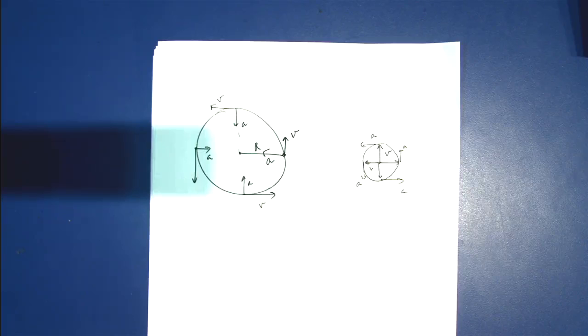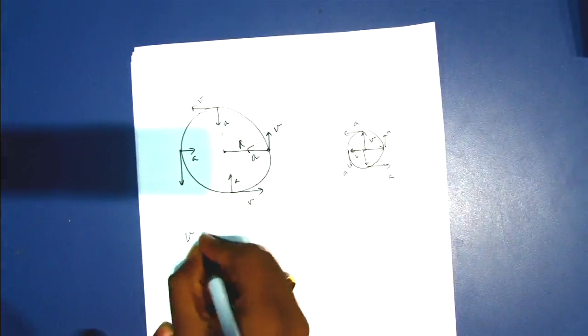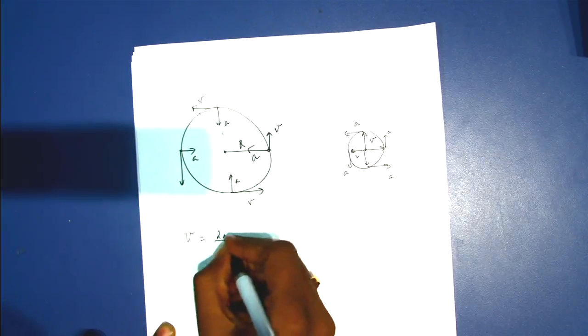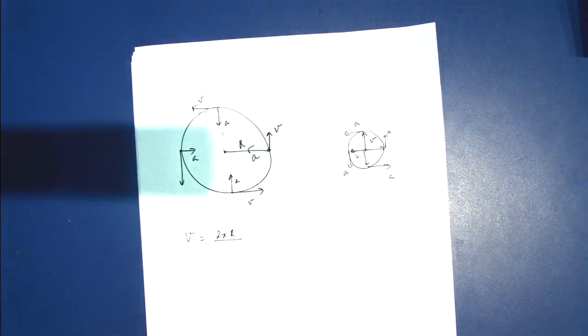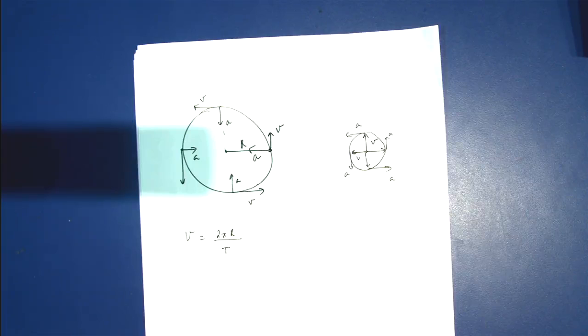Since this is constant speed, I can write the speed v as the total distance, which is 2 pi times the radius, the circumference of the circle, divided by the time taken. It's an object moving at a constant speed in a circle of radius r, so the total distance traveled in one complete revolution is the circumference, and the speed is the circumference divided by the time.